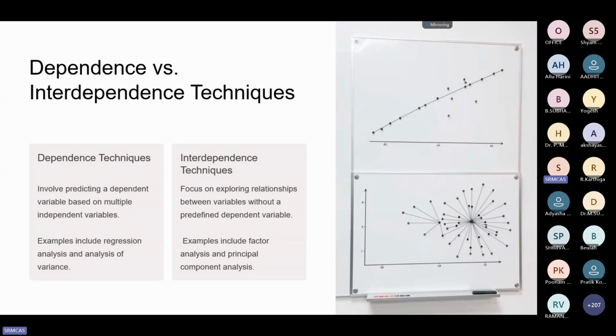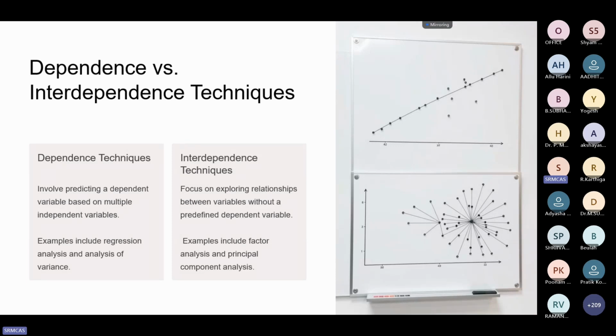Dependence means that it involves more than two variables, where one variable is treated as the dependent variable and the other variables are treated as independent variables. Variation in the independent variables may cause variation in the dependent variable. That is a cause and effect kind of thing.